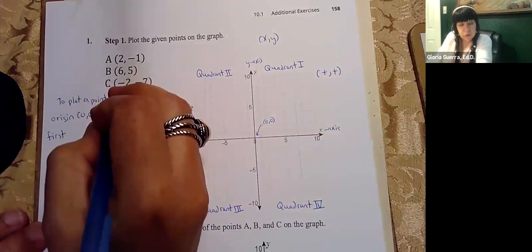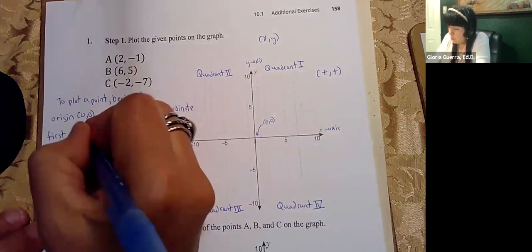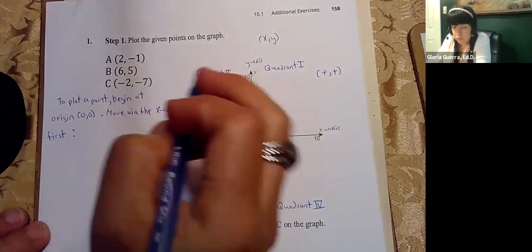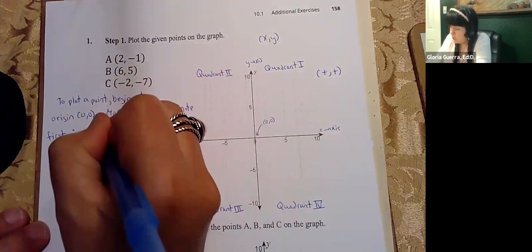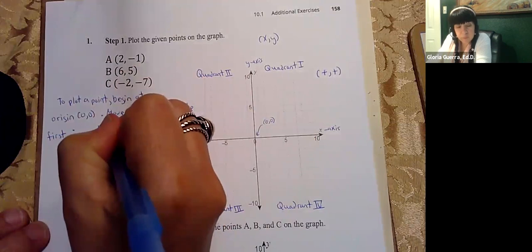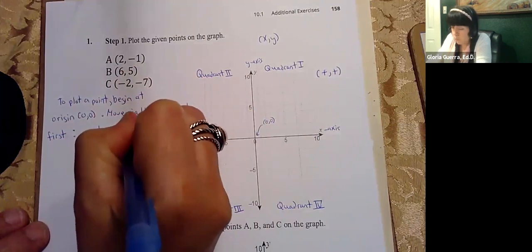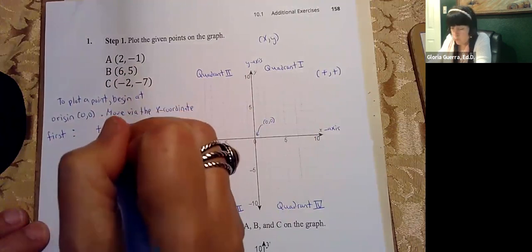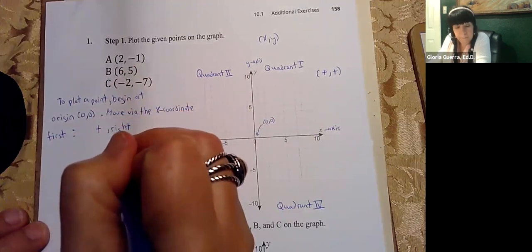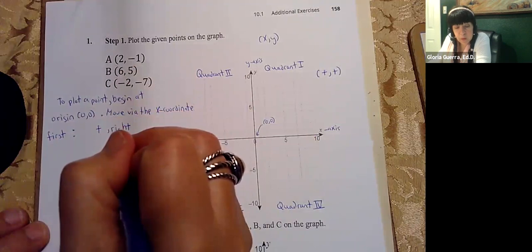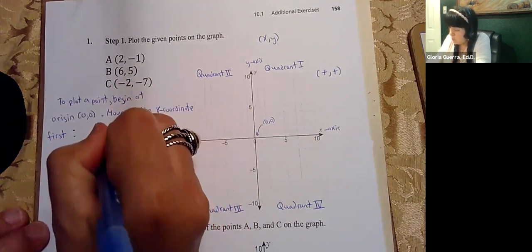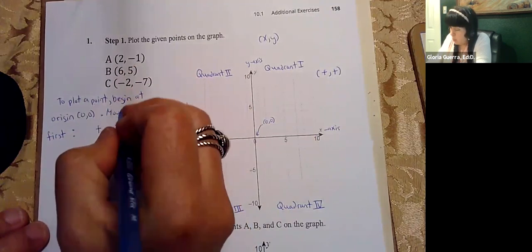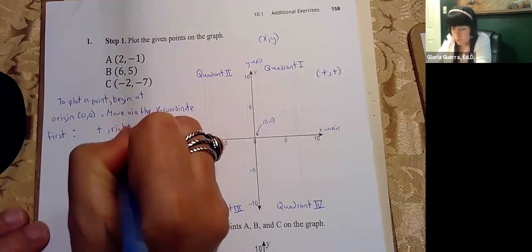If your coordinate is positive, then you're going to move to the right. And if your coordinate is negative, then you're going to move to your left.